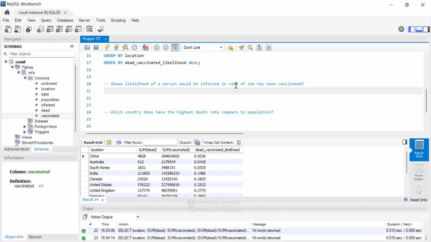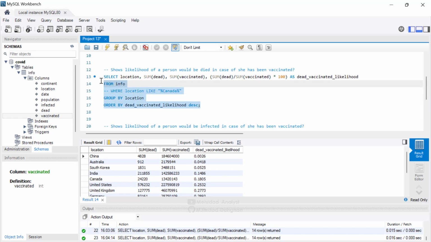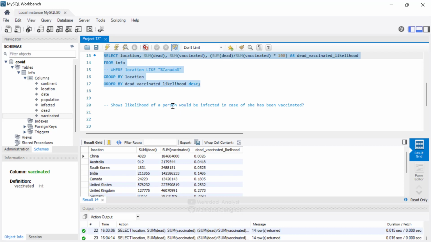The next question is asking, what is the probability of being vaccinated and after that being infected? This question is very good to see how efficient the vaccination was in every country. So I just need to change something. The query is the same.